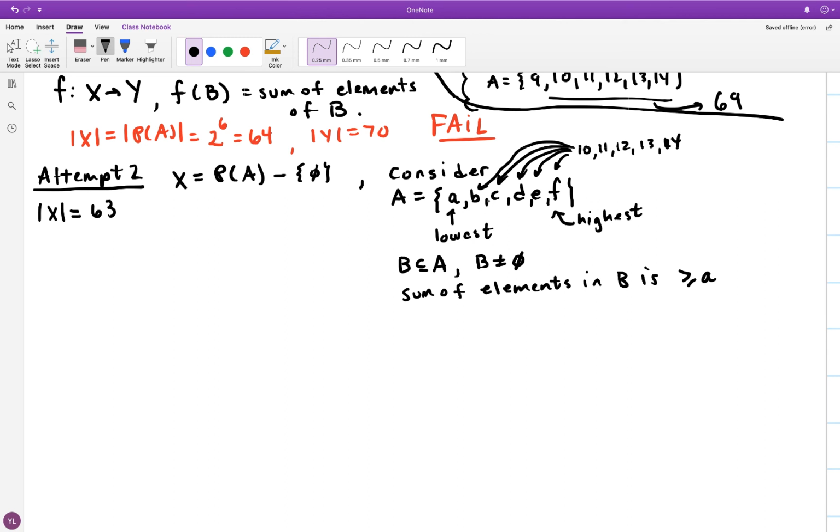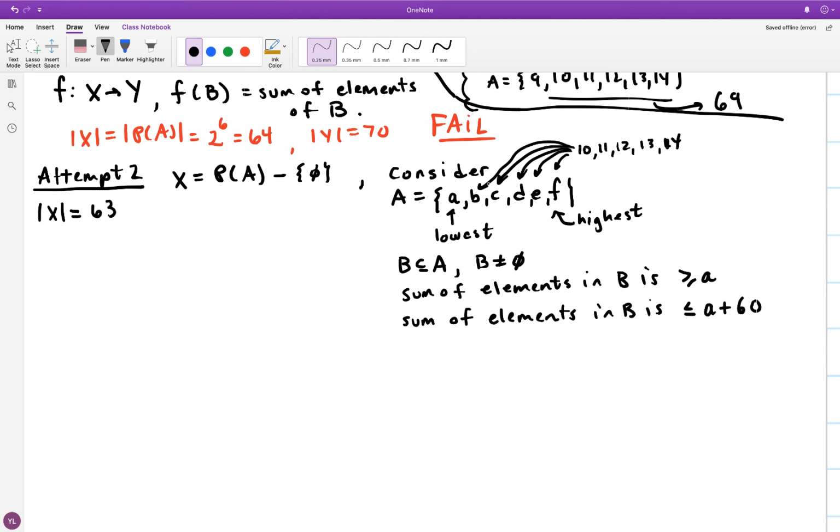And we took the biggest subset of A possible, which is A itself, then the largest sum we'd be making would be a, whatever that number is, plus all these other numbers, just as an upper bound. So there's no way that the sum of the elements in a subset of A could possibly exceed a plus the sum of these numbers right here. Let's add these up. 60, like that.